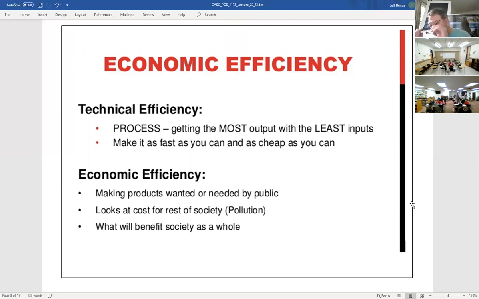And this is spelled out on page 449, that if they can be efficient, then business owners and producers can produce more goods and services, but also use less labor and materials.